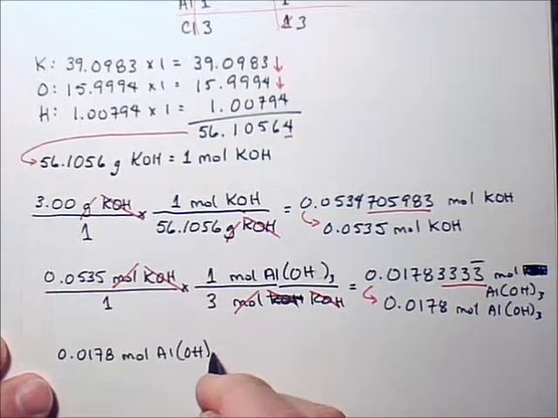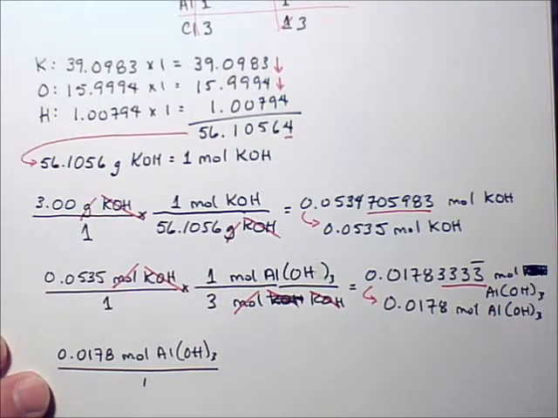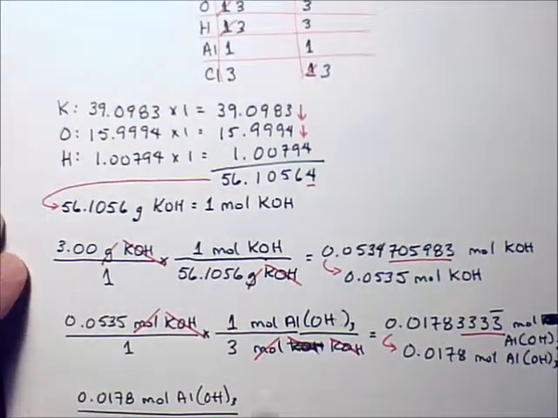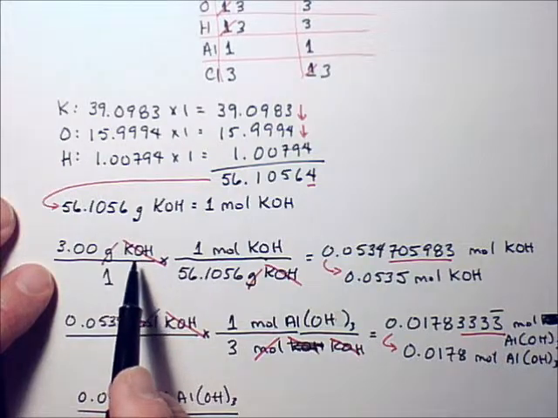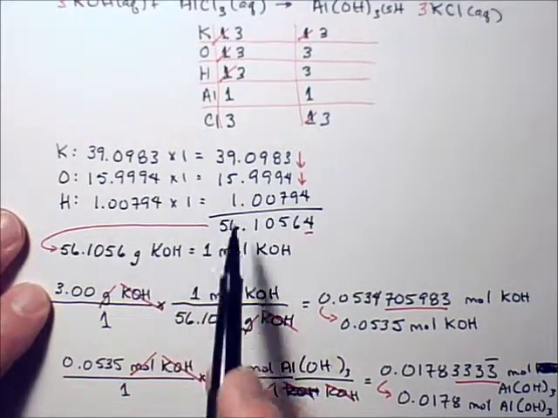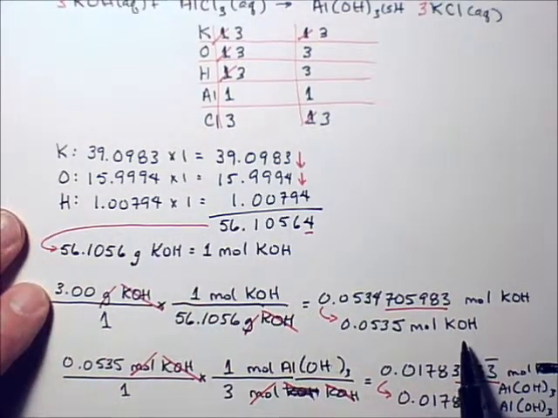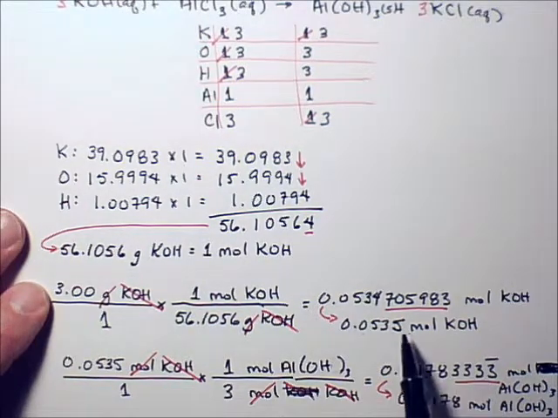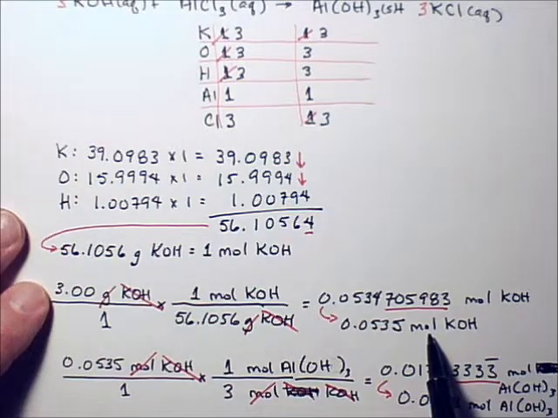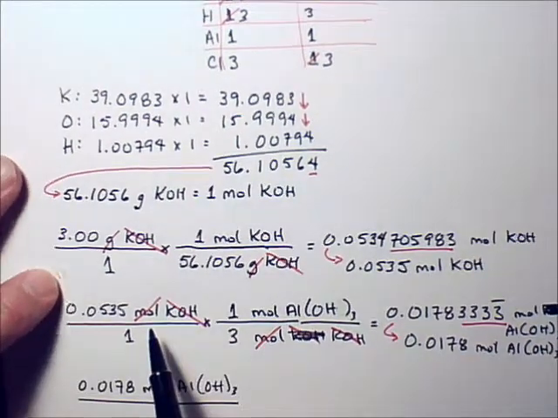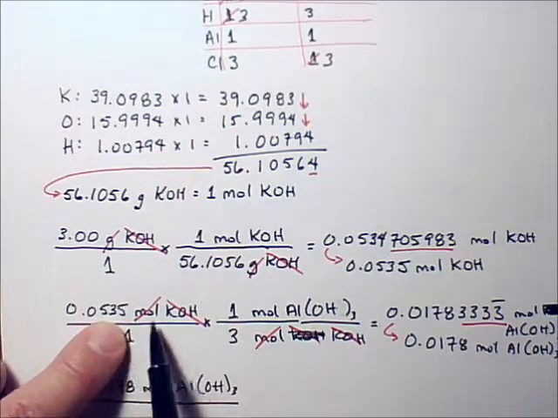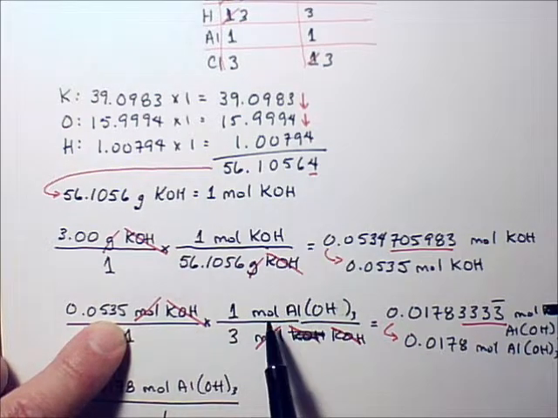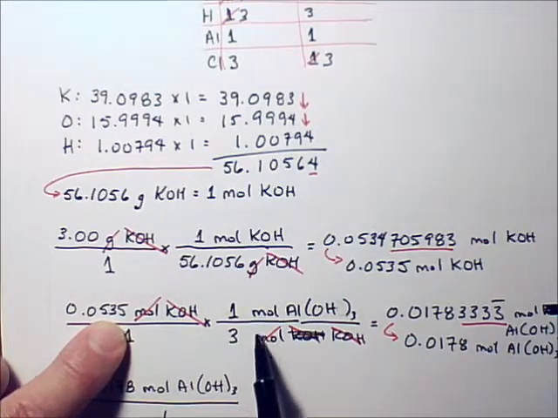Okay, let's kind of review just a little bit. Let's talk about where we've been. All right? We started out with the mass of potassium hydroxide. We calculated the molar mass to get to moles of that starting species. Okay? So that got us to Moleville. And then while we're in Moleville, we can convert from the moles of what we started with to moles of what we're trying to find using this molar ratio.